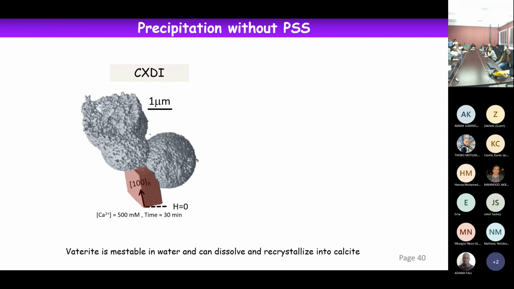Vaterite, I told you, is spherical in shape and porous in structure, but calcite is very dense. Okay, so here we have what we call a metastable particle, which in solution is going to recrystallize into calcite like this.